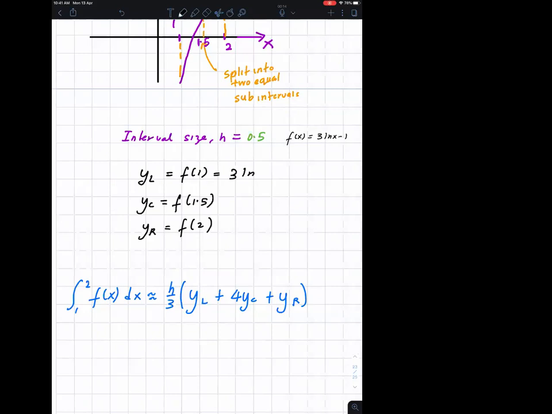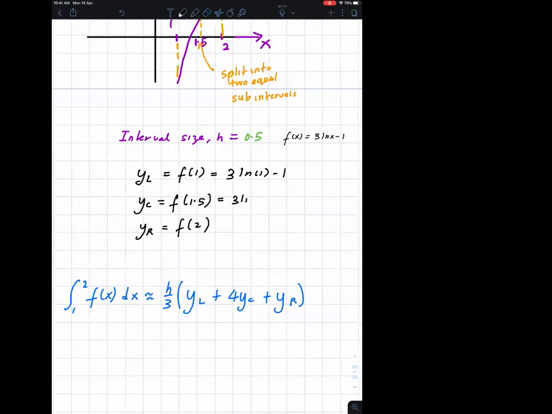This will be 3 ln(1) minus 1. The next one is 3 natural log of 2 minus 1. So you have to evaluate all these things. And these are the values we call YL, YC, and YR. And then you put them in this formula.